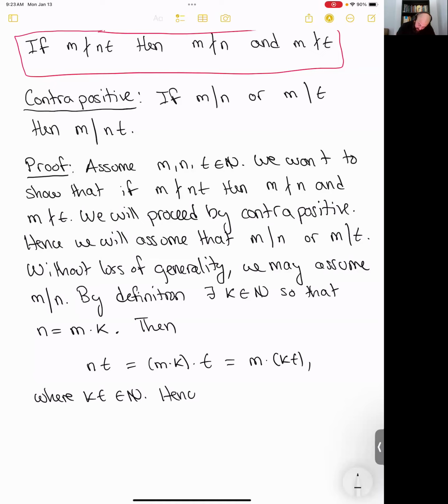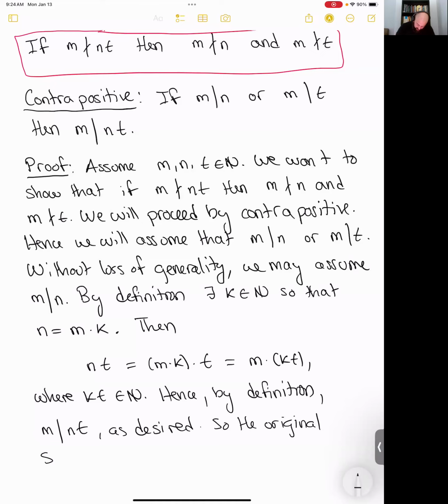So hence, by definition, m divides n times t as desired. So the original statement is true by contrapositive.